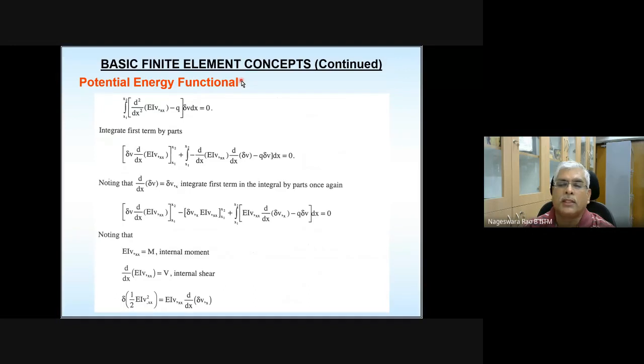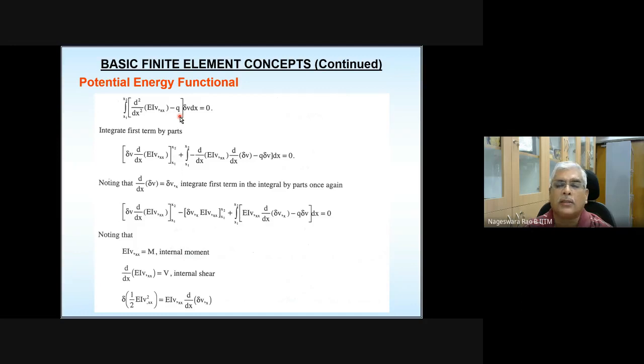Potential energy functional. If you don't want to go through all this, here for completeness we are going through it, or you can write this potential energy functional directly if you are familiar with structural mechanics concepts. Potential energy, I already told you earlier, is strain energy minus work done by the applied forces.